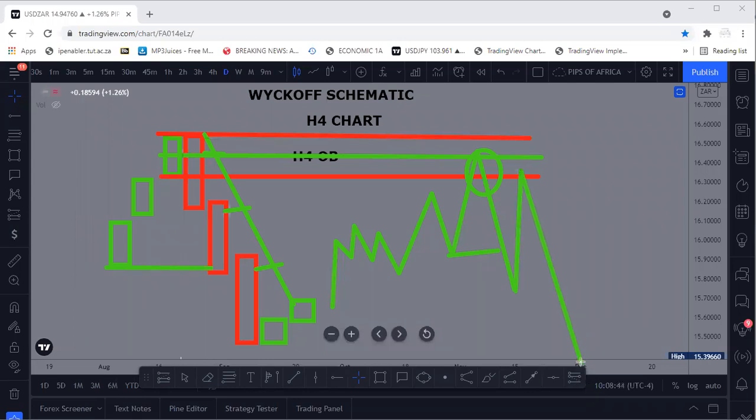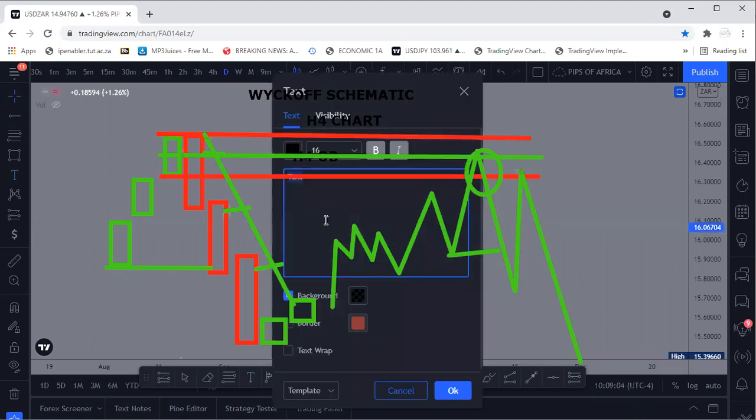This is how you trade an order block, because here you have the labels. Here we have the terminal supply, which is above here, because after the strong push, the price will try to exhaust, giving you the terminal supply.